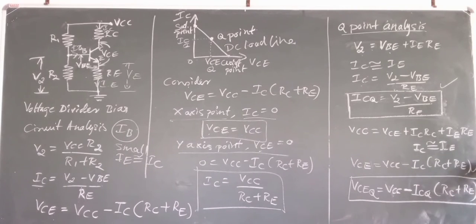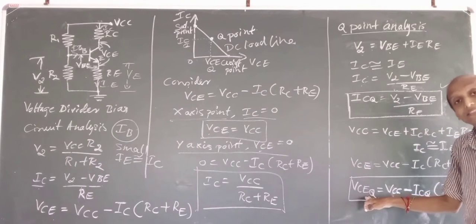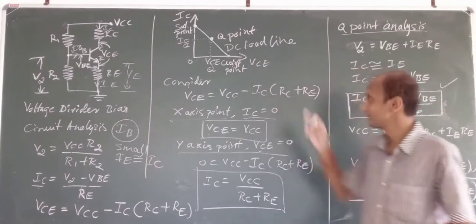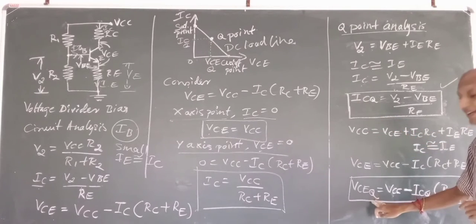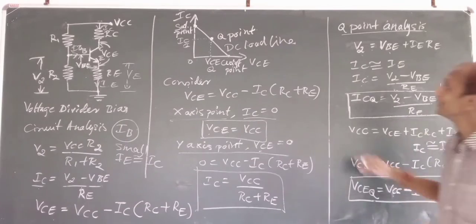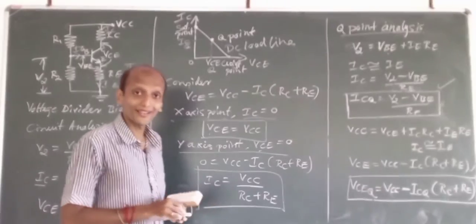So ICQ and VCEQ together will define the Q point. For defining the Q point, I need ICQ and VCEQ. These two formulas are very important. This is how we go for the Q point analysis.